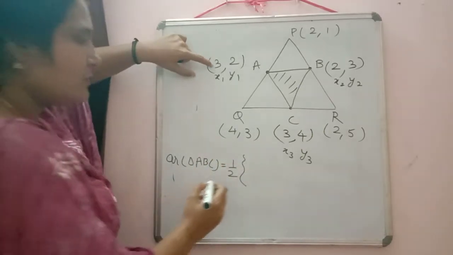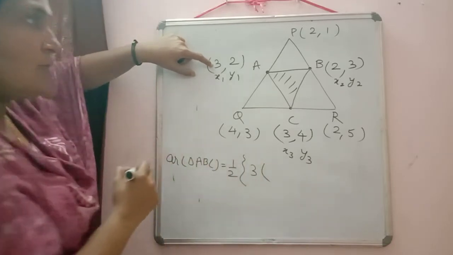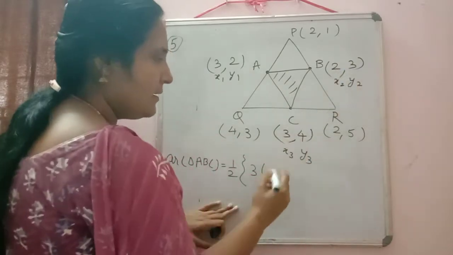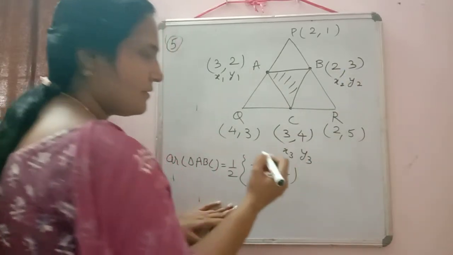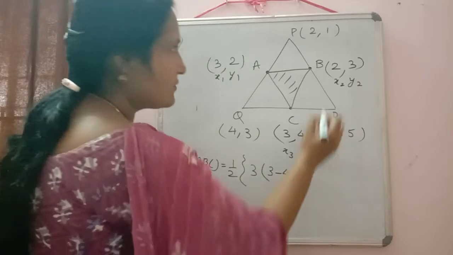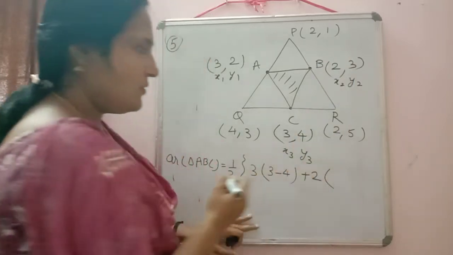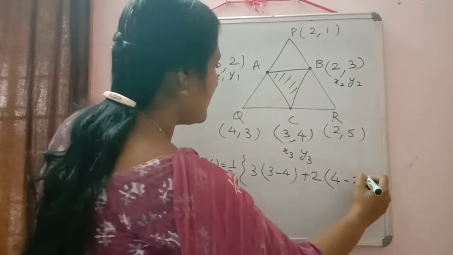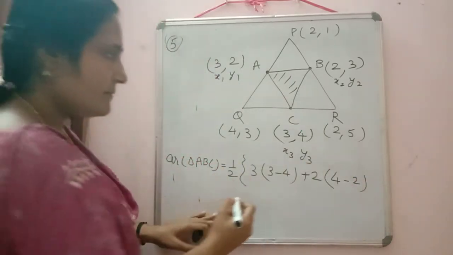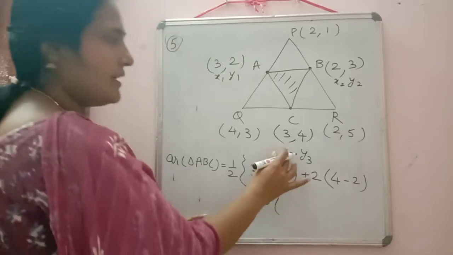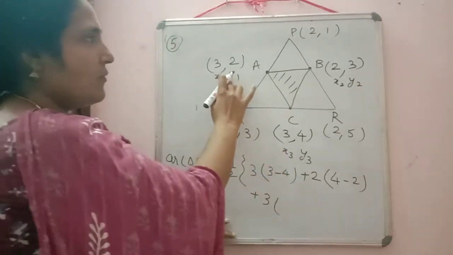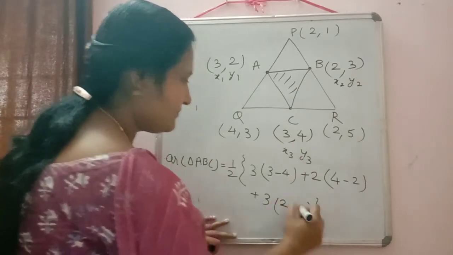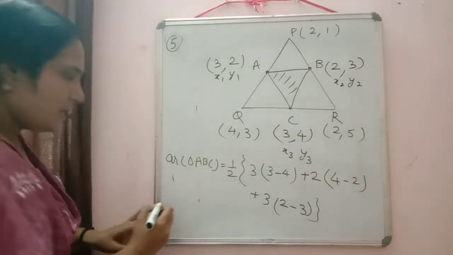In place of x1 we have 3. x1 into (y2 minus y3), so it will be 3 minus 4. Then plus x2, we have 2, into (y3 minus y1), so it will be 4 minus 2. Plus x3, in place of x3 we have 3, into (y1 minus y2), so 2 minus 3.